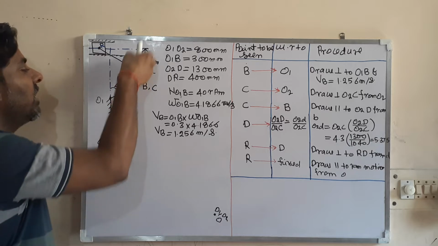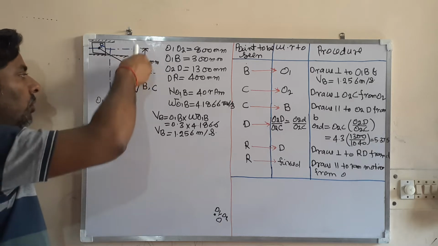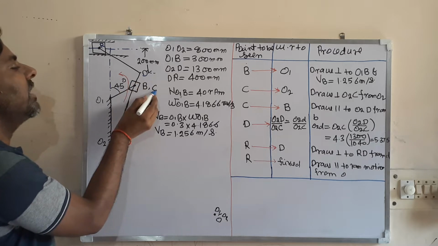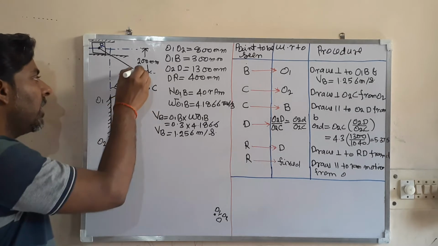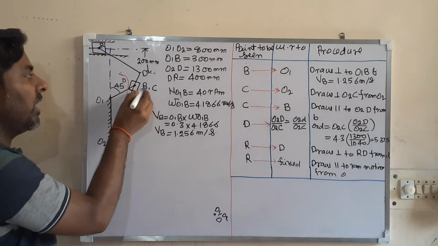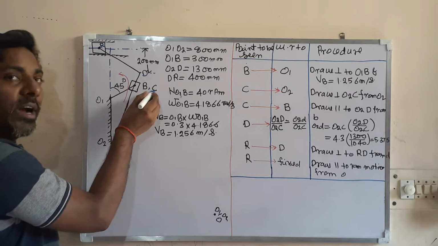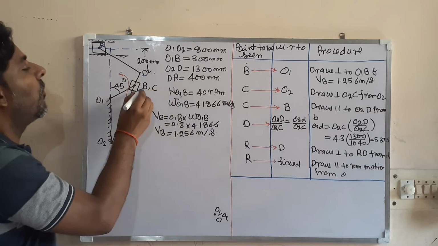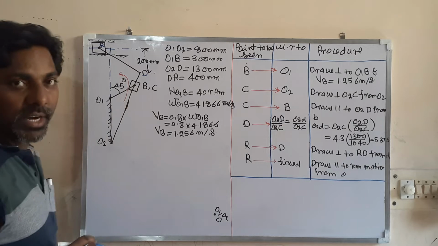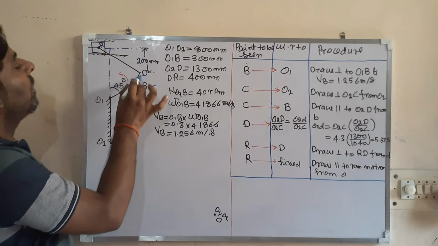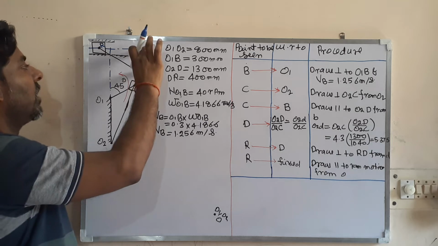This slider can reciprocate along the link O2D. So B is on the slider and C is on the slotted bar. This O2D is known as the slotted bar. For the time being, both points B and C are coinciding. Clear? Okay.